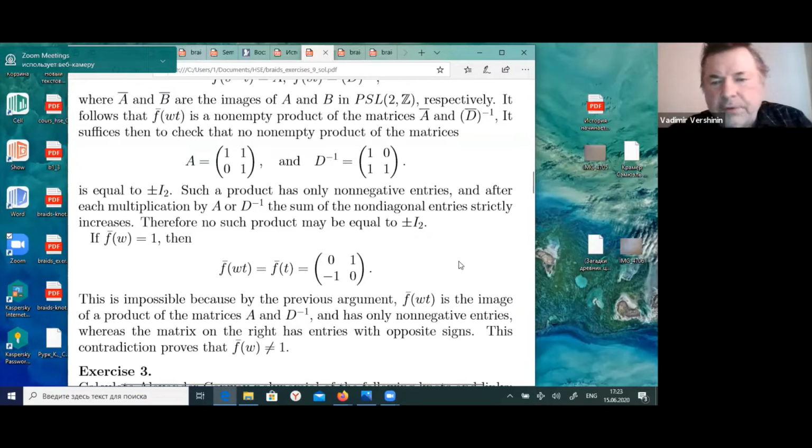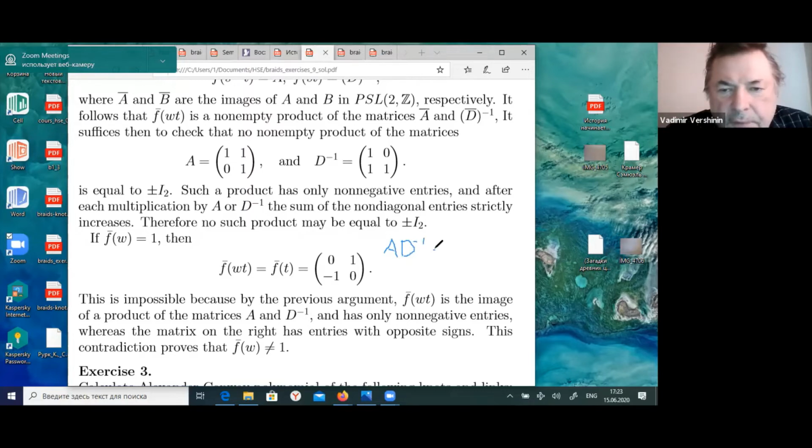For example, let me make a small calculation. A multiplied by D minus 1. What is it?